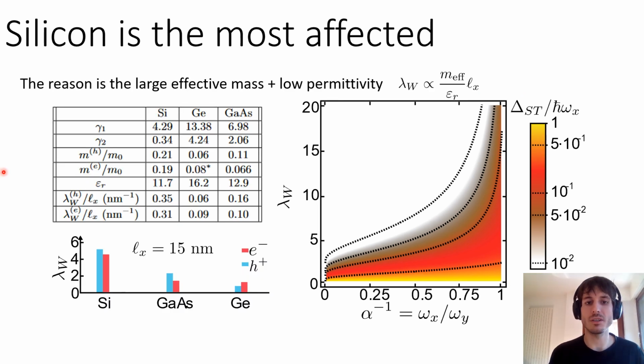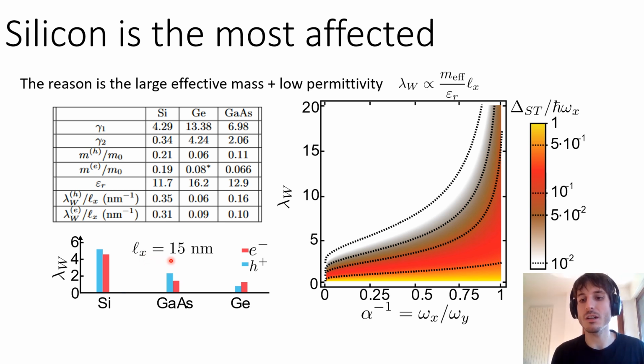So far we were talking about dimensionless quantities, but let's put in some numbers and see how this translates into silicon, gallium arsenide, and germanium dots. We can find that the Wigner ratio is proportional to the effective mass of your electrons or holes, inversely proportional to the permittivity, and linearly proportional to the length of your dot along the weaker direction.